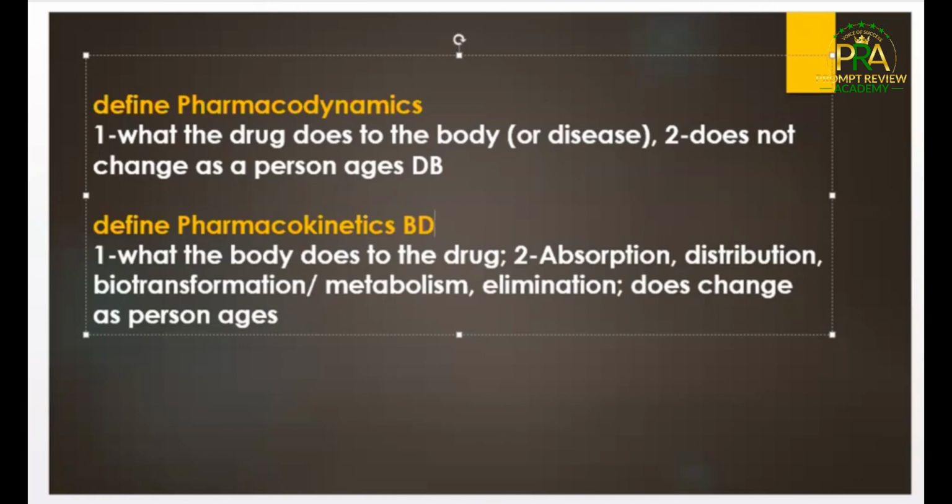However you will remember it, just remember the word kinetics. So it's absorption, distribution, biotransformation, elimination, whatever the body does to the drug, while the other one is what the drug does to the body. So just remember that, kinetics and dynamics.